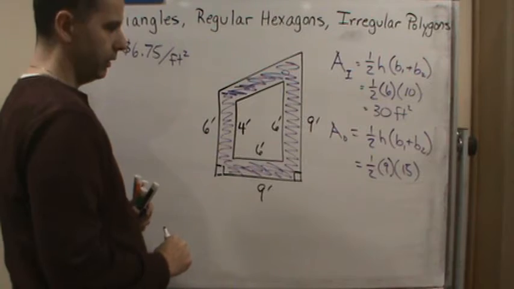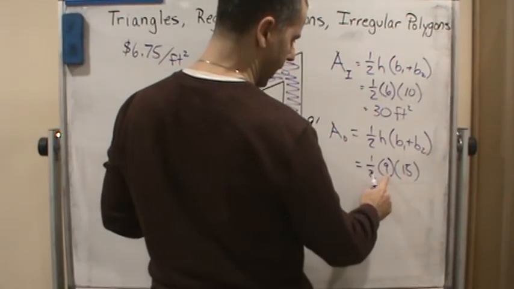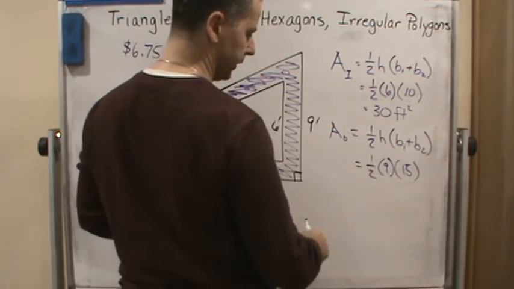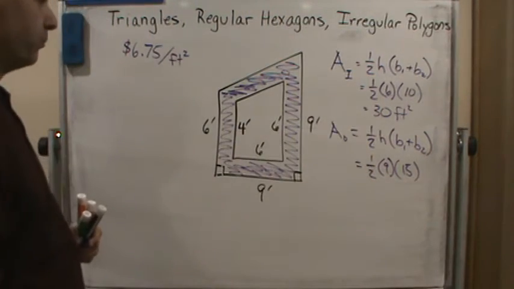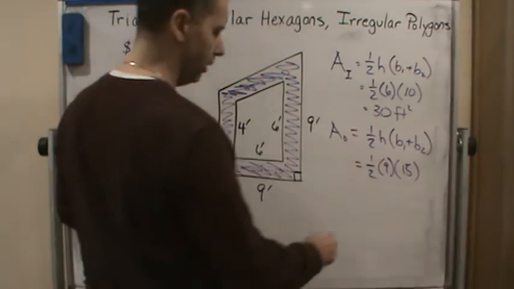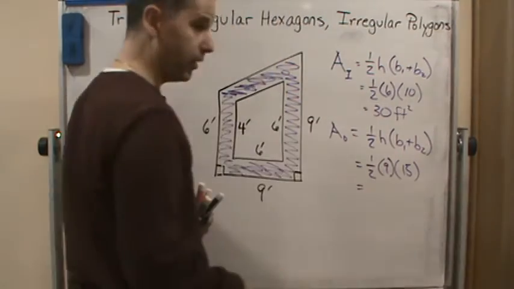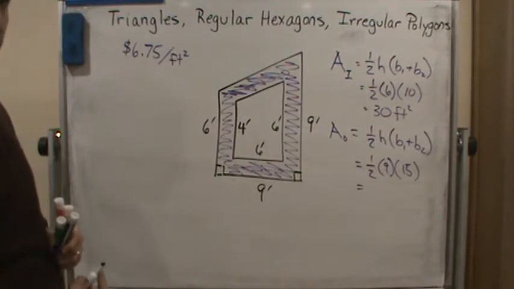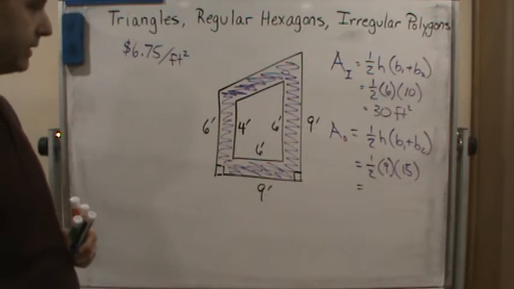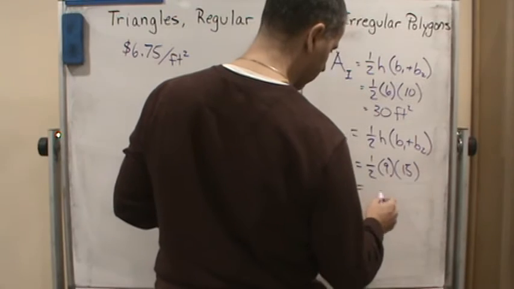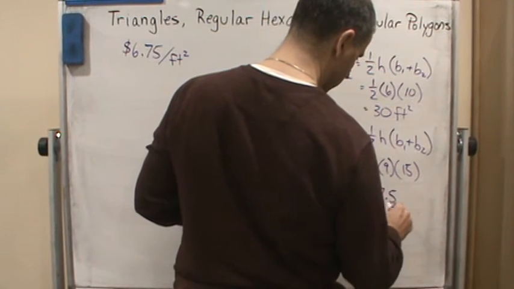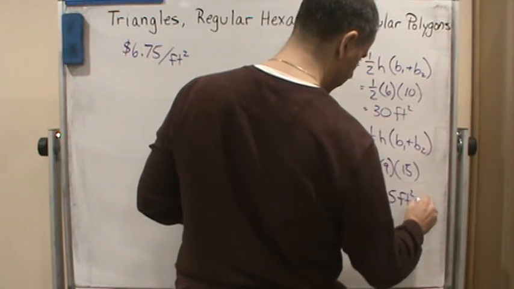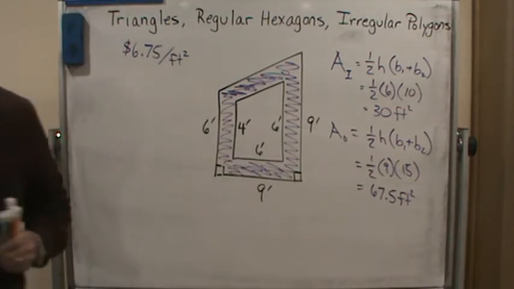Well, in this case I'm not going to do half of 9, it's going to be more complicated. So let's do 9 times 15, which is 135, and half of 135 is what? 50 plus 15, 65, 67 and a half. So 67.5 square feet.